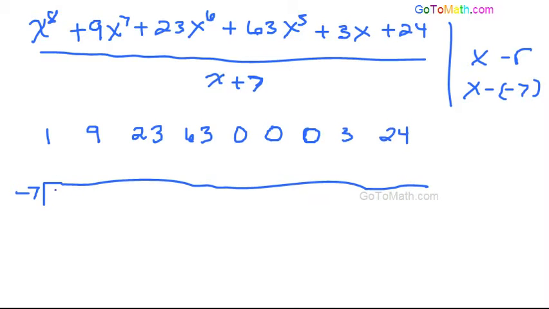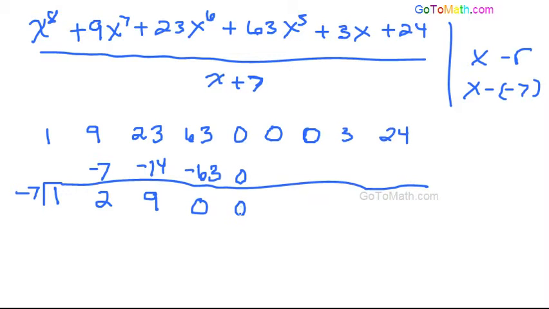Okay, so we bring the 1 diagonally down. Negative 7 times 1 is negative 7. Take the difference, and we get 2. Negative 7 times 2 is negative 14. And then that difference is going to be 9, right? And then negative 7 times 9 is negative 63. Look at here, that's 0 there. Negative 7 times 0 is 0.